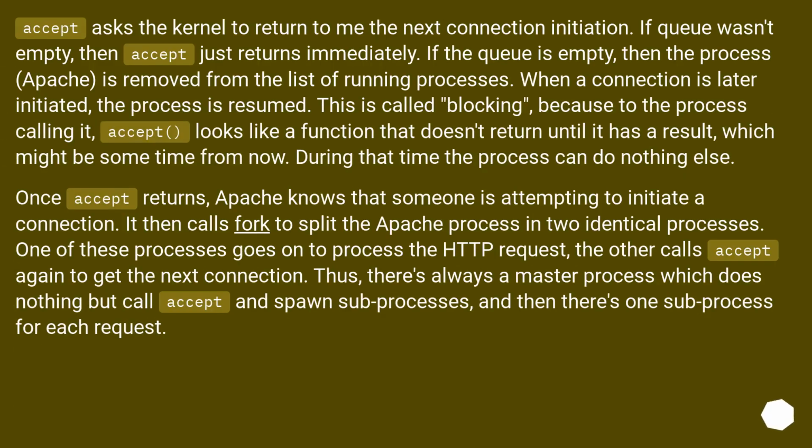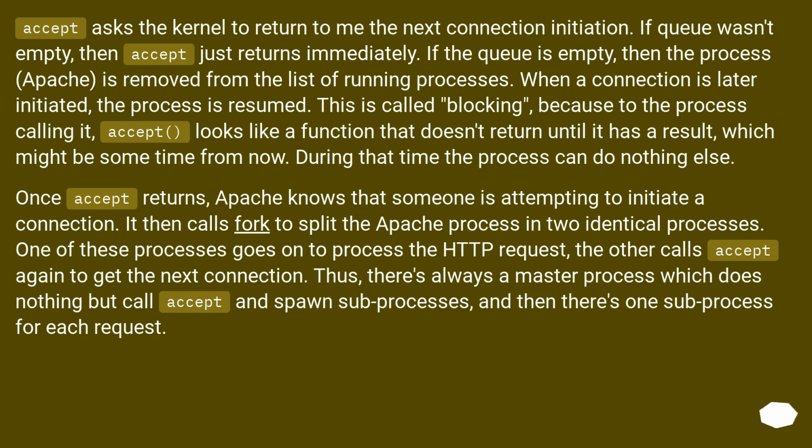Accept asks the kernel to return to me the next connection initiation. If the queue wasn't empty, then accept just returns immediately. If the queue is empty, then the process, Apache, is removed from the list of running processes. When a connection is later initiated, the process is resumed.